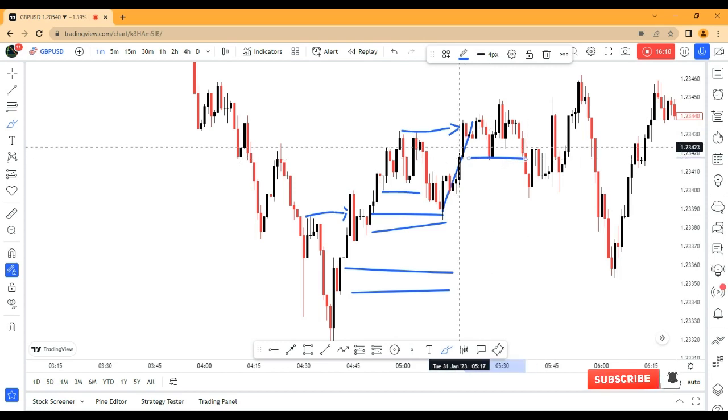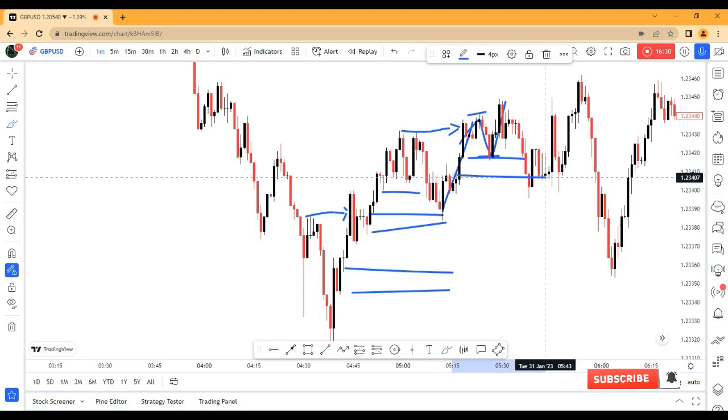When price breaks here, it gives us this pullback, so this particular leg will now be our inducement leg. Since you identify your inducement leg, you now find your demand zone beneath that particular leg.